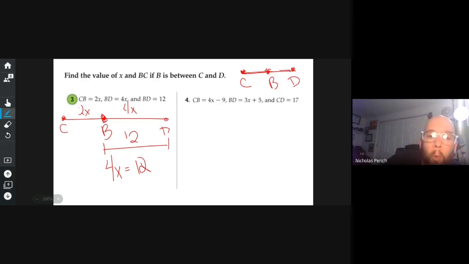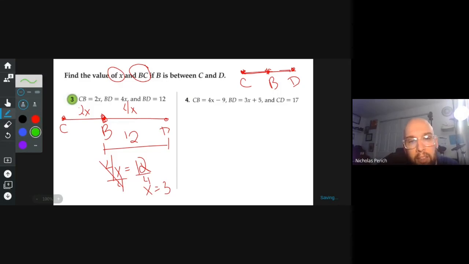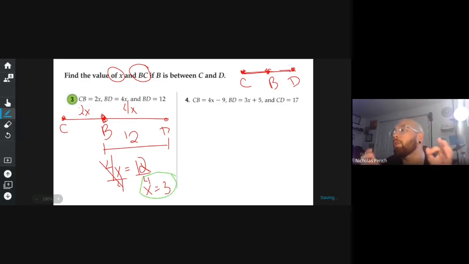Divide both sides by 4. And x equals 3. I did one part. Part 1 says find x and BC. So I found x and x is 3. I haven't found BC. Remember, BC and CB are the same thing.